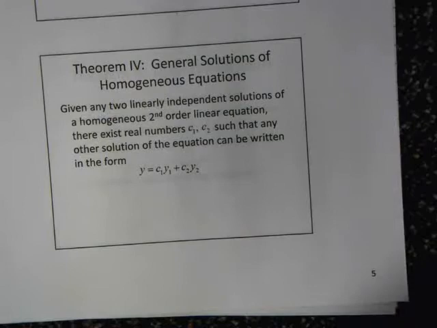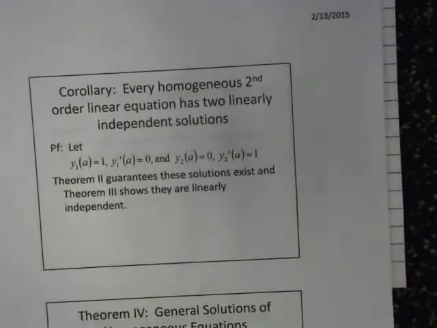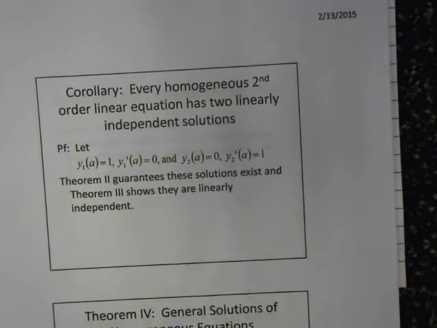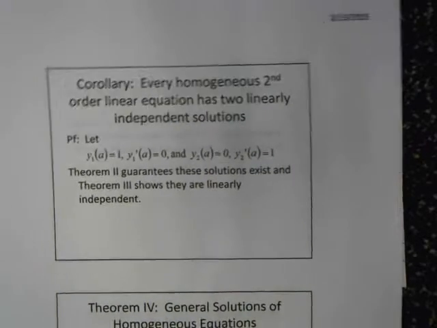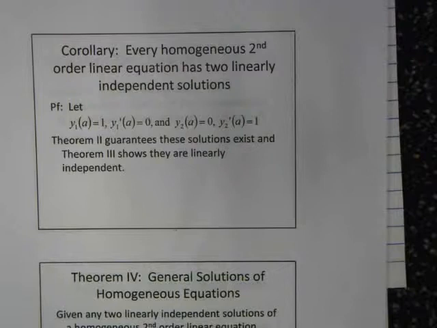All right, so we're getting to the important theorems here. These are the ones we really need. Corollary. What's a corollary? Or Jay would pronounce it corollary, but that's okay. What's a corollary?